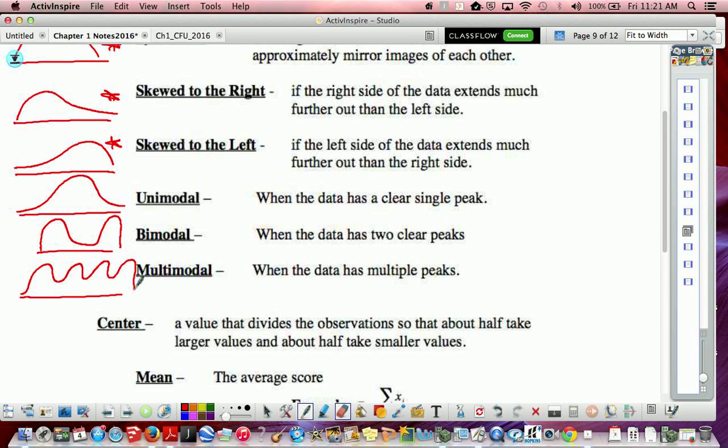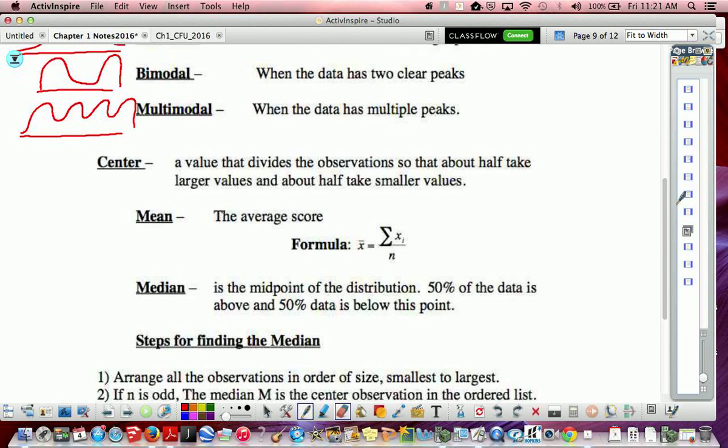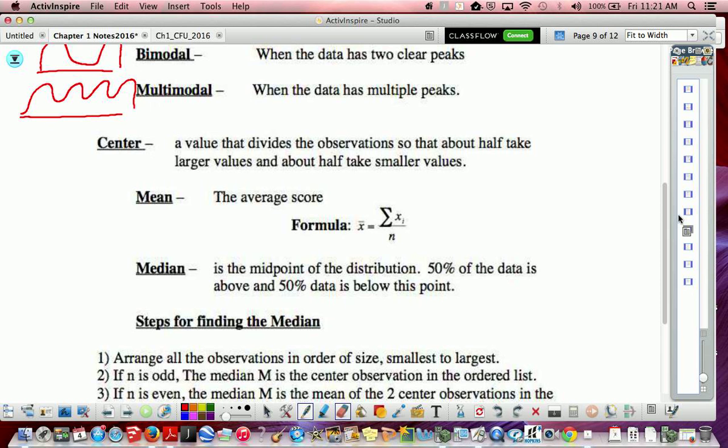Now, that shape, center, mean and median. Yay, you know these terms very well. Mean is the average. This is the formula. This symbol stands for sum. So basically, to get the mean, you sum up all your values and divide by the number of terms. N is the number of terms that you have.